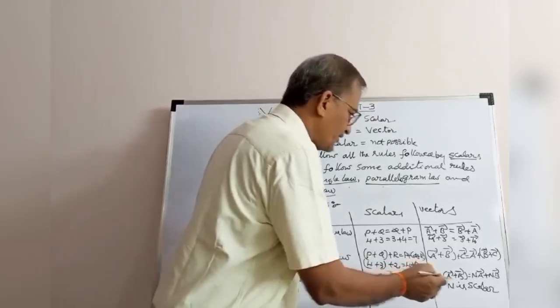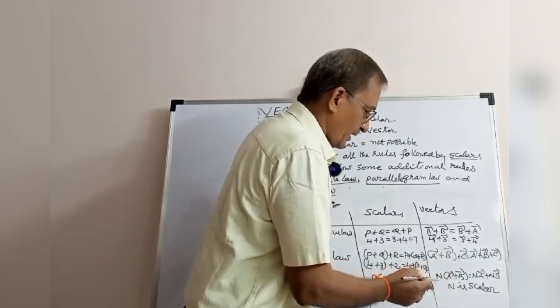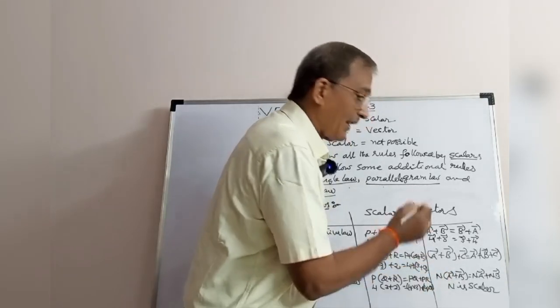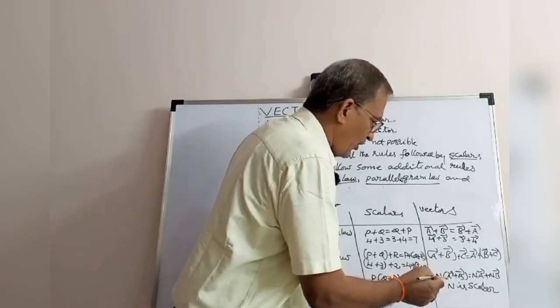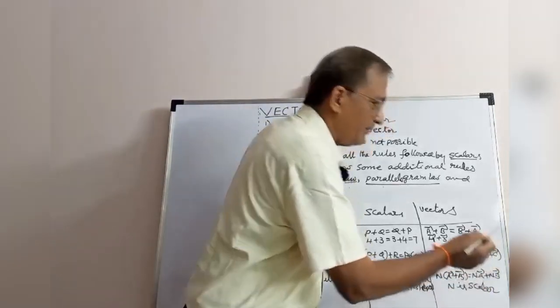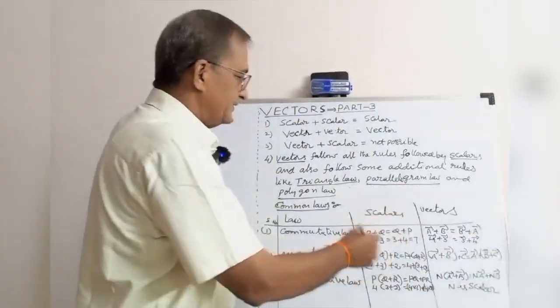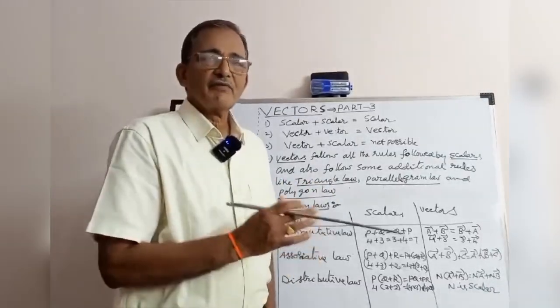And regarding distributive law, these are the two vectors A bar and B bar multiplied with a scalar. That means this scalar is distributed among the two vectors A bar and B bar like this, nA bar plus nB bar. So these are the common laws followed by scalars and vectors.